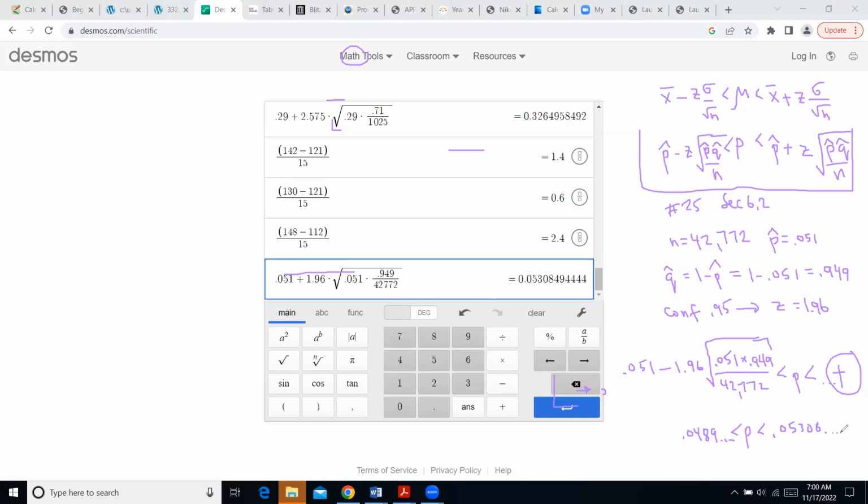So the proportion of young males that drive under the influence is somewhere between 0.49 and 0.53 approximately.